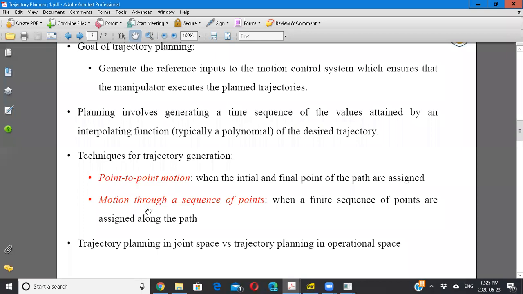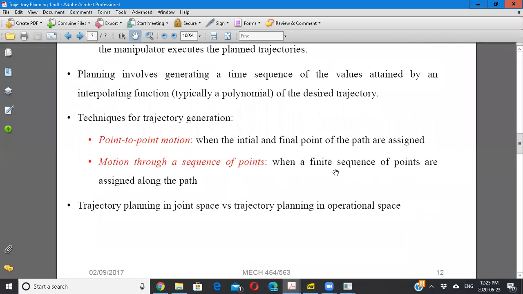And in a motion through a sequence of points, a finite sequence of points is assigned along the path. Let's say the path is circular. You have to give me every point along the circle so that I can trace it exactly. Okay, so these are two types of motion. Normally, think of a welding application, where you have to follow a certain sequence of points.